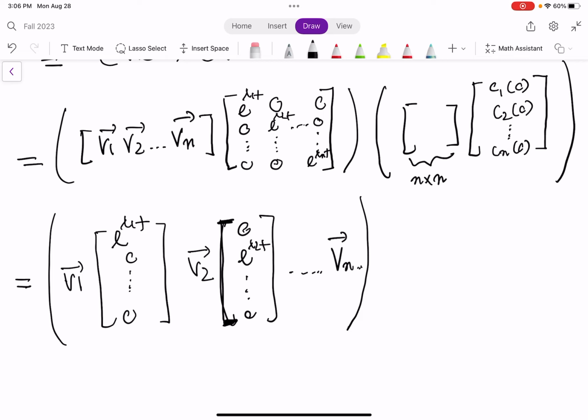Basically each of the column vectors will be transformed by this left operation. Okay, how about these two?